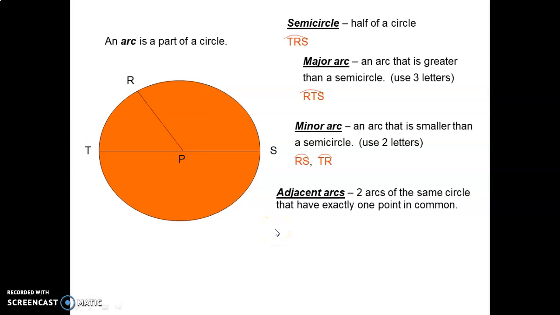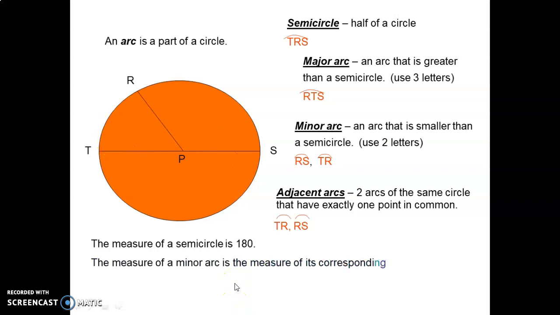Okay. Adjacent arcs are arcs that have one point in common. Okay, so like TR and RS would be considered minor arcs that are adjacent. And of course, in a circle, there's 360 degrees. A semicircle is half of a circle, and it's 180 degrees.